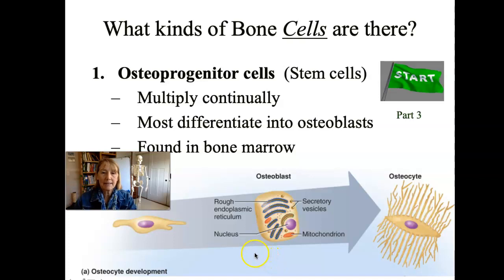an osteoblast, and then becoming a full-sized osteocyte. Osteocytes look kind of cool. They don't look like a typical cell, right? They have these long extensions, and that's because living in bone tissue is tough.